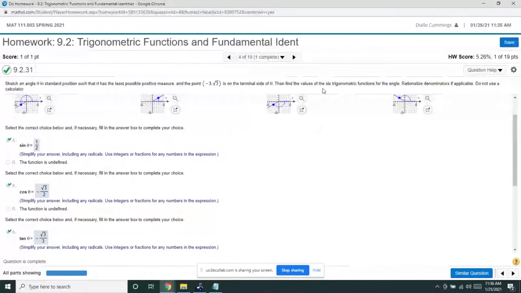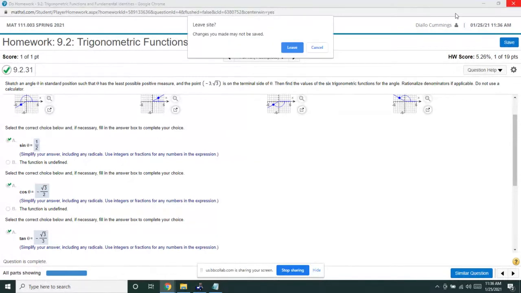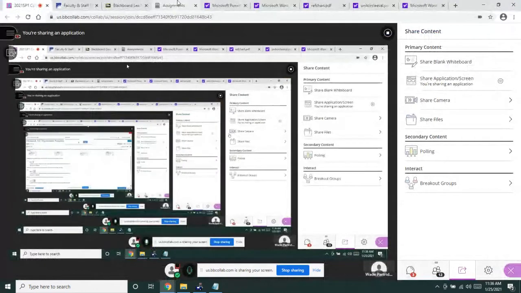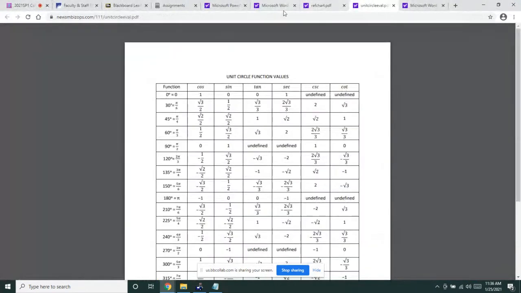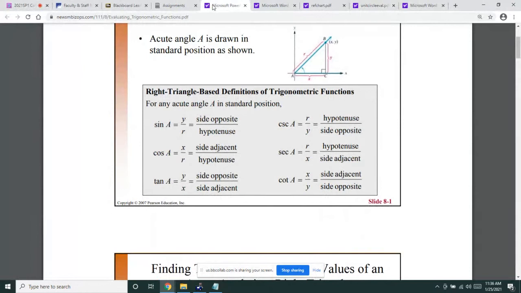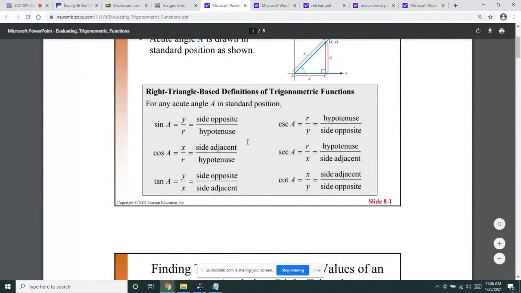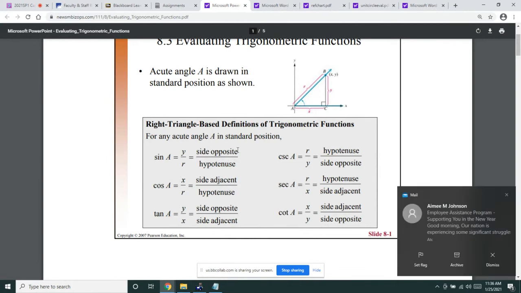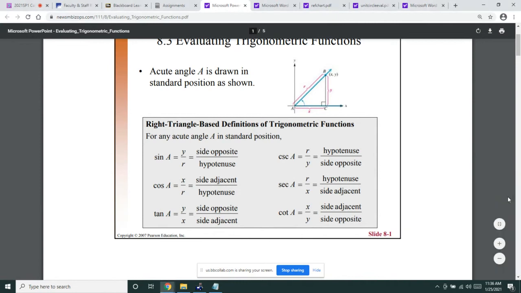All right, so now we'll get into the next section, 9.3. I'm just going to close out that window. All right, so those are the 6 functions as they relate to X, Y, and R. We also have the 6 trig functions for angles that are not in the X and Y axes.